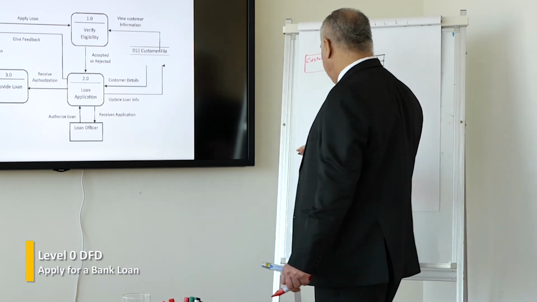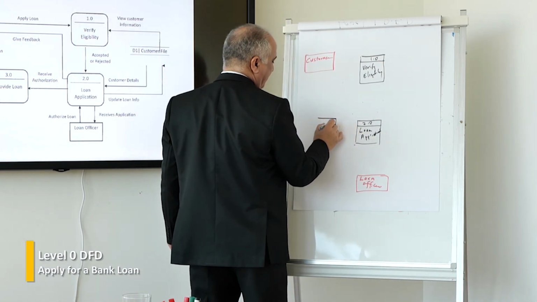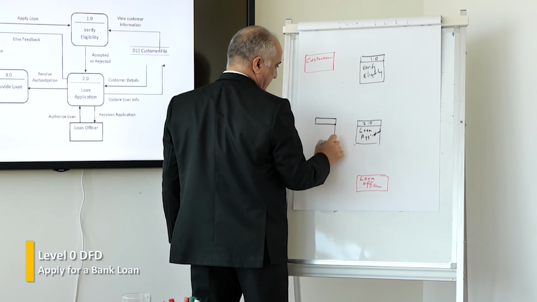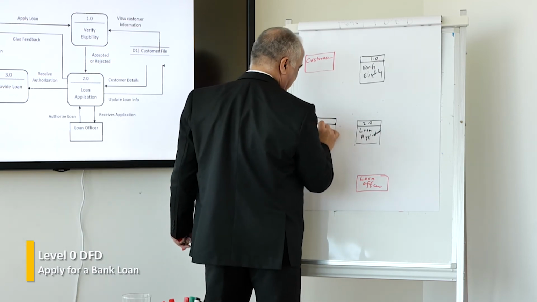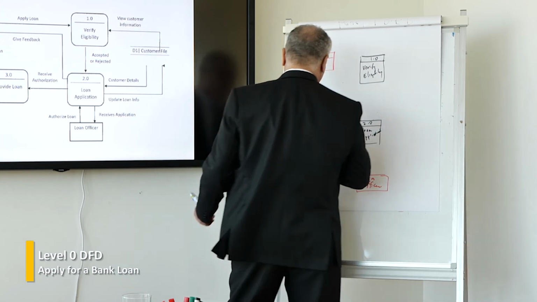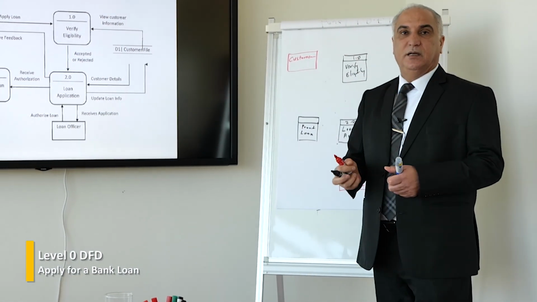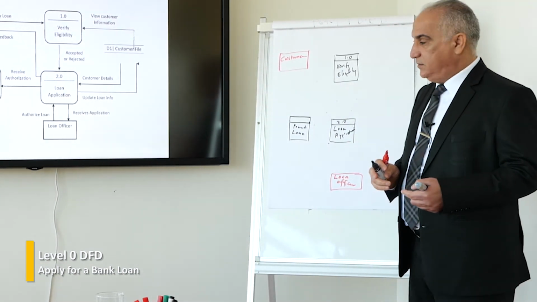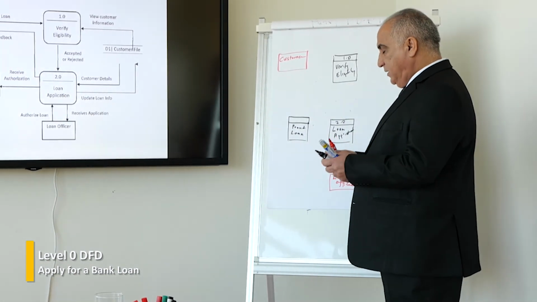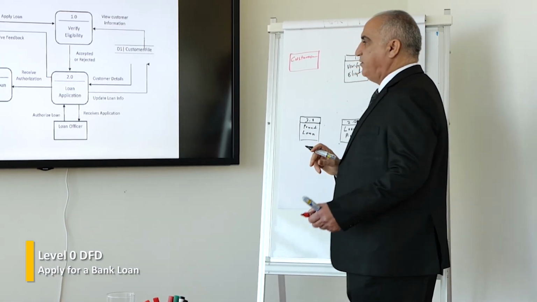And the third one, process number 3, is provide loan. So we identified the external entities, which are in red, and the main processes, which are 3.